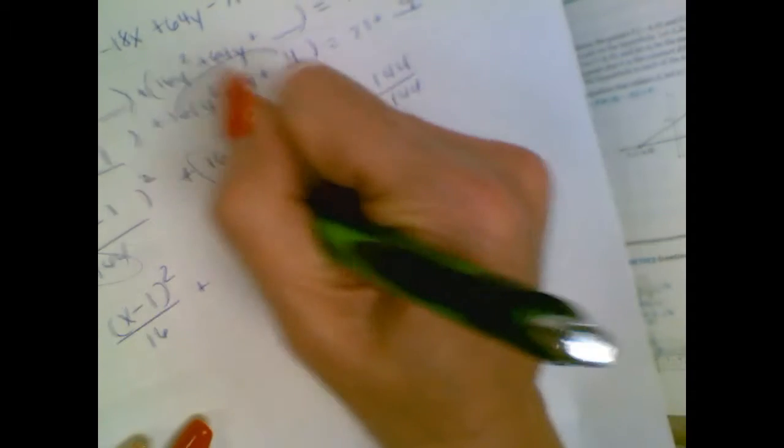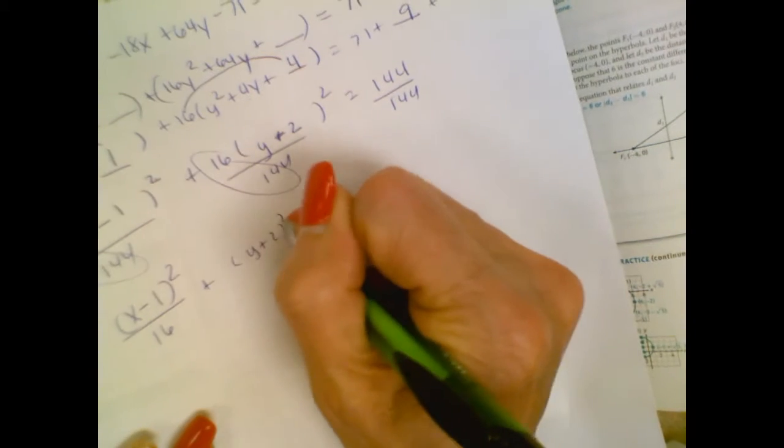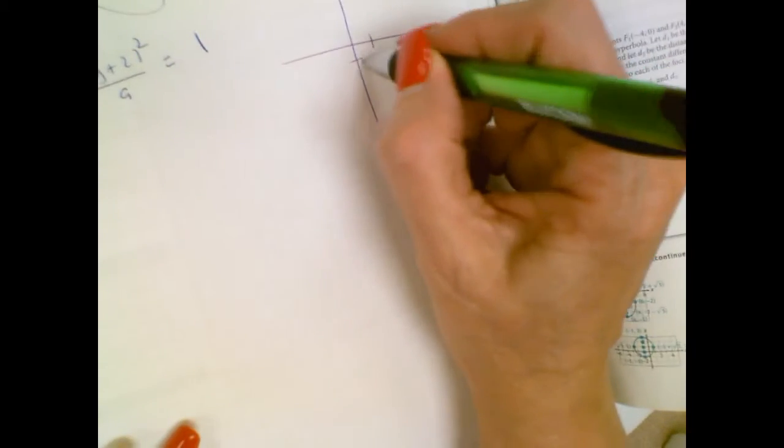If you punch this in your calculator, 9 over 144 says 1/16. Punch this into the calculator: 16 over 144 is 1/9. So the 9 goes to the bottom. We don't need the 1. Ready to graph. Center is 1, negative 2.